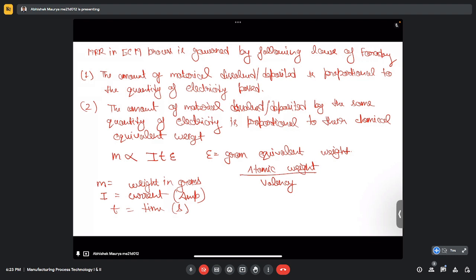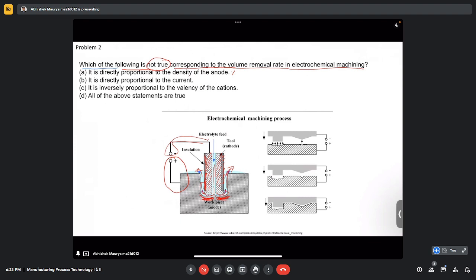So density is not coming into the picture, so this is not correct. And it is directly proportional to the current. Yes, it is correct.